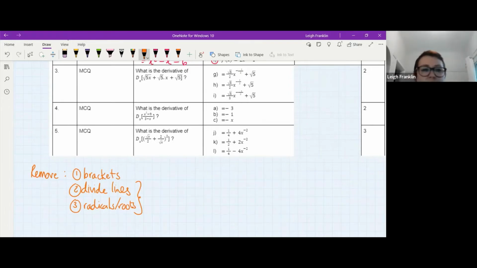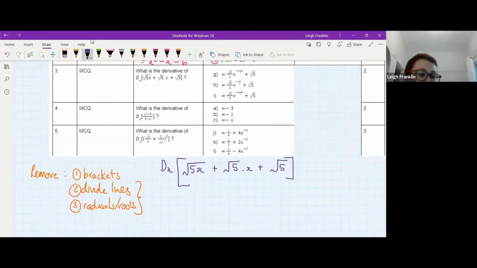In this particular question, let me just write it down, I'll write it a little bit bigger. We have root, and then inside the root is the 5 and the x, plus root 5 times x, so root 5 is the coefficient of the x term, plus root 5. So there are 3 terms in this particular expression.